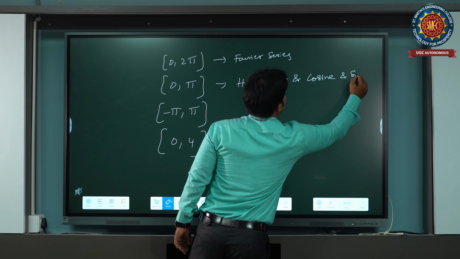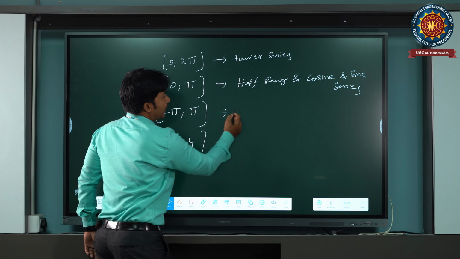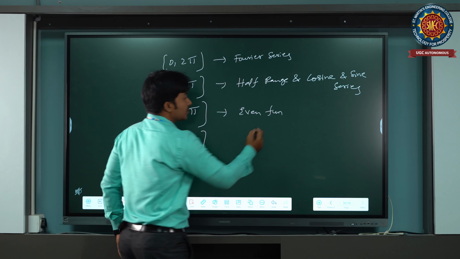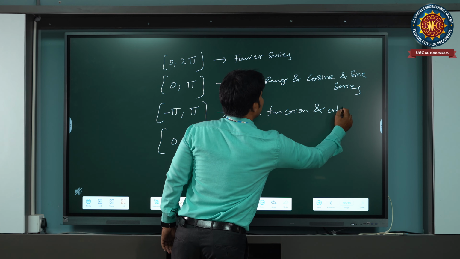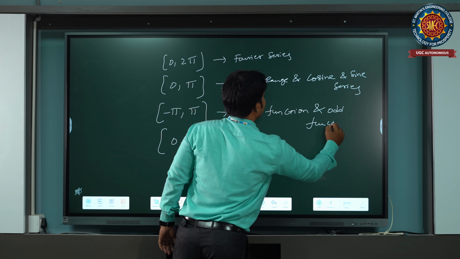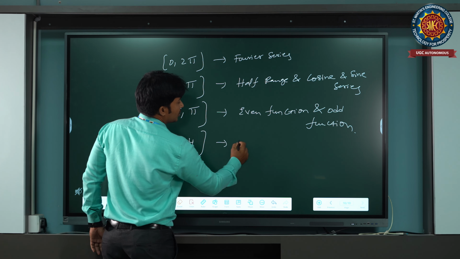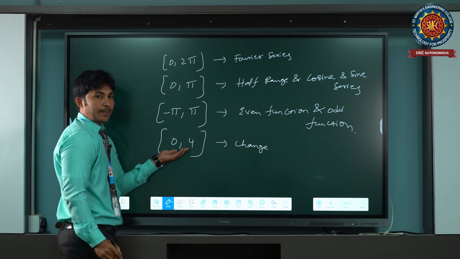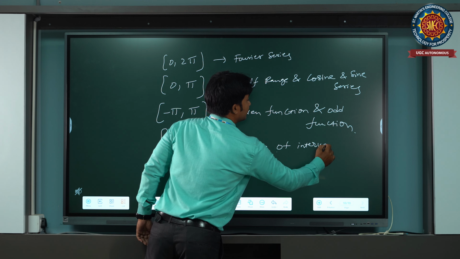Next, minus pi to pi is the even function and odd function case, and this is the change of interval. The interval 0 comma pi is a change of interval.